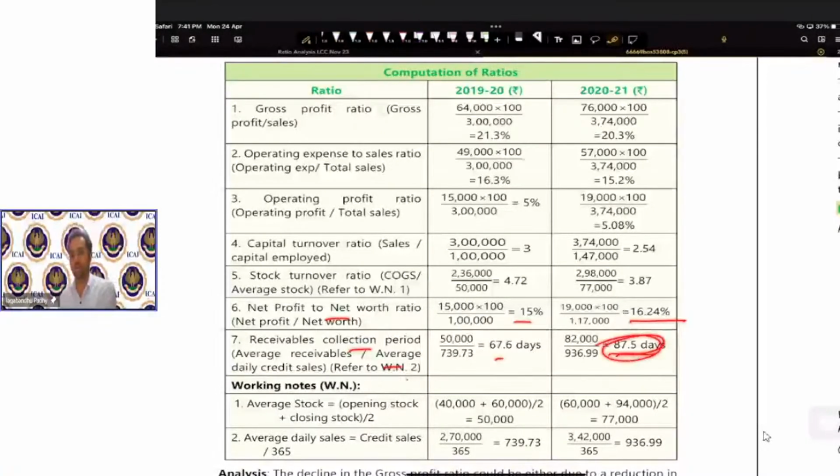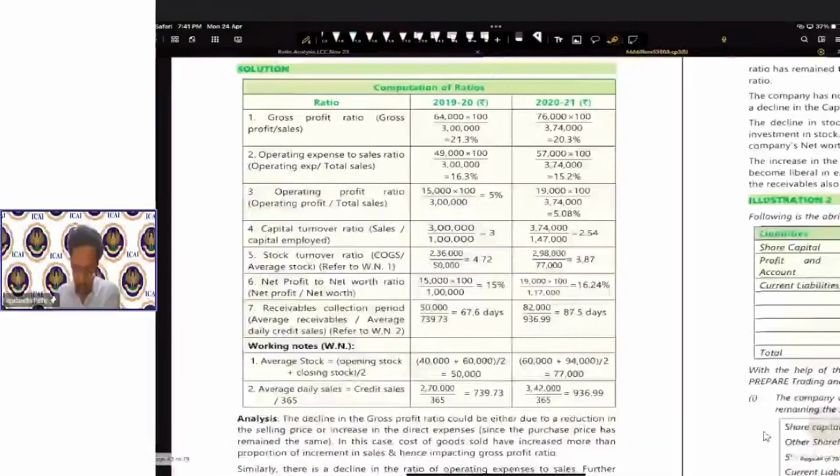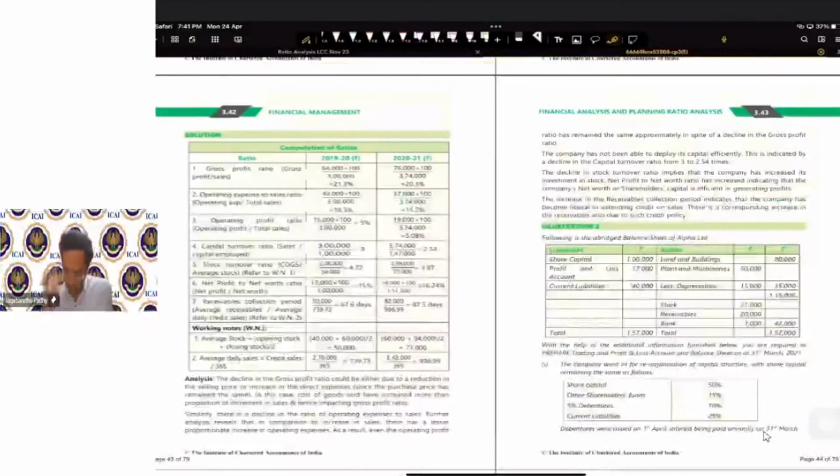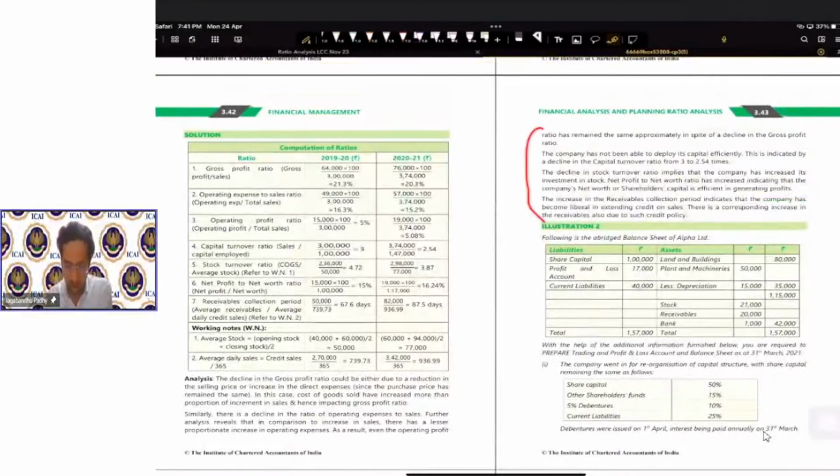It means you're not able to collect from the debtors on time, right? So all those things you can say are some of the highlights given in the solution also. There's a corresponding increase in the receivables due to such credit policy, because you are more liberal in giving credit to your customers.